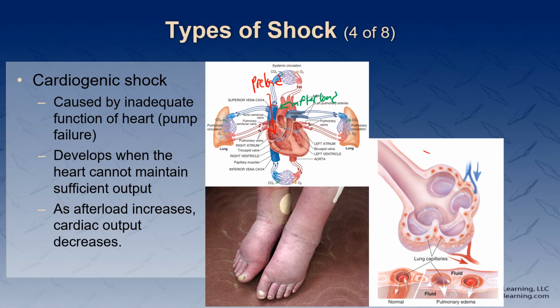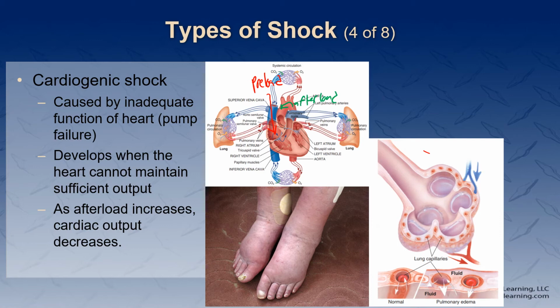So if there's 100 millimeters of mercury worth of pressure in the aorta prior to the heart beating, and the heart doesn't beat at 100 millimeters of mercury, as soon as that valve opens, blood's going to get forced back into the heart. The heart has to make a pressure higher than the afterload to generate forward flow.